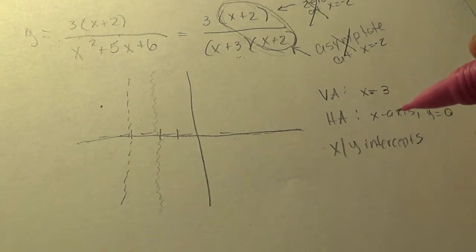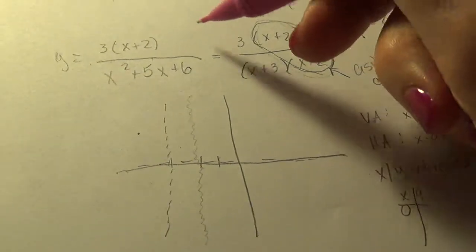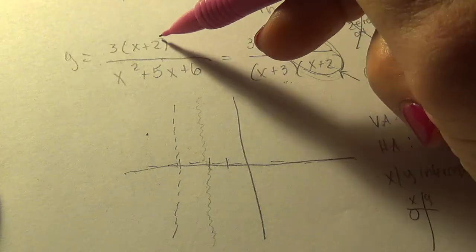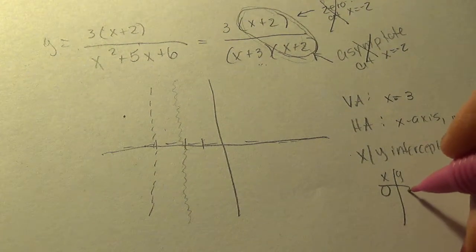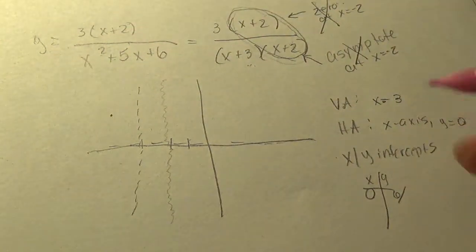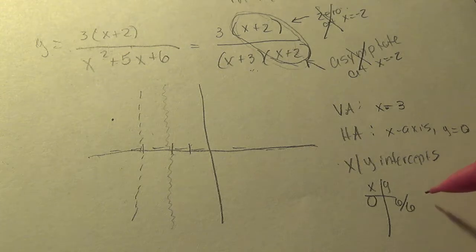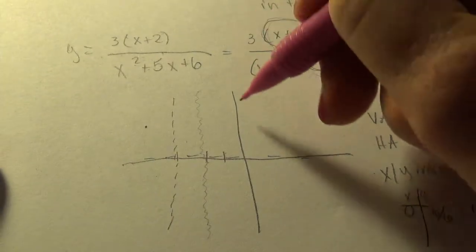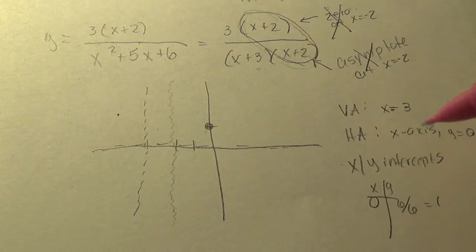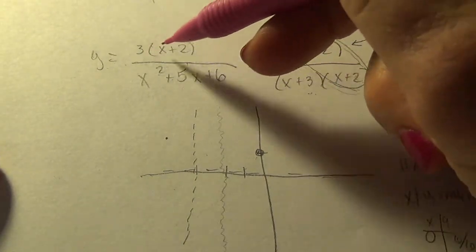Then we have x and y intercepts. So if we zero out x, we get 0 plus 2, we get a 6 in the numerator. In the denominator, we get 0 squared plus 0 plus 6, so we get a 1. So we have 0, 1. So I'll graph that right there. And then if I zero out y, what would cause the numerator to be 0?